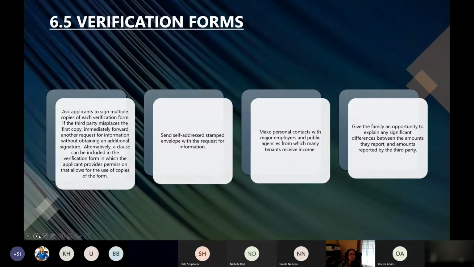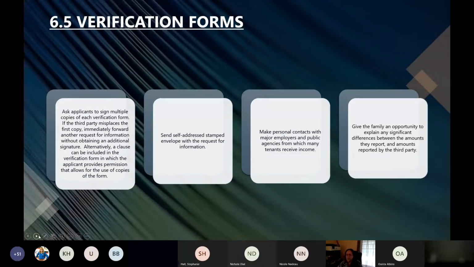If the third party misplaces the first copy, immediately forward another request for information without obtaining an additional signature. Alternatively, a clause can be included in the verification form in which the applicant provides permission for the use of copies. Make sure it says that if that's what you're going to do. Send self-addressed stamped envelopes with the request for information.